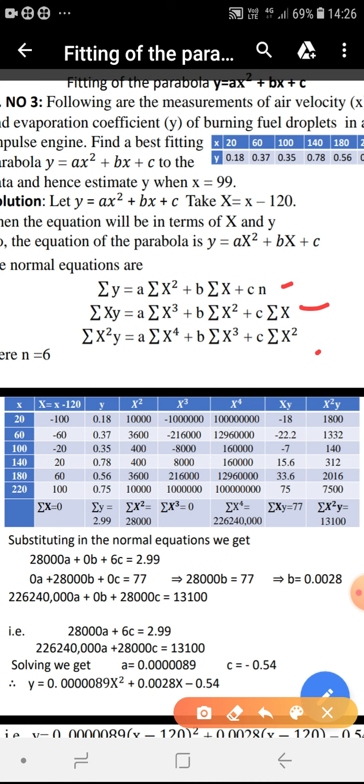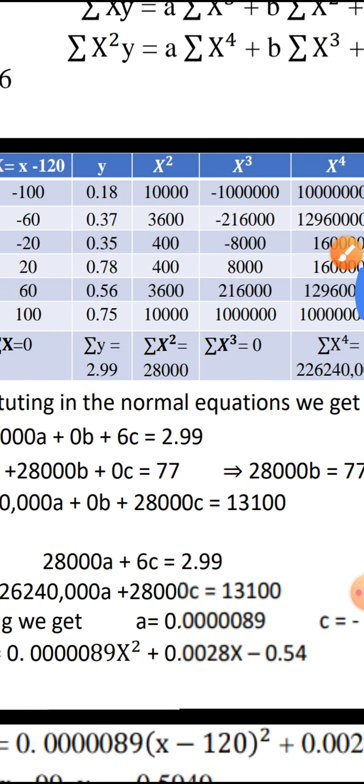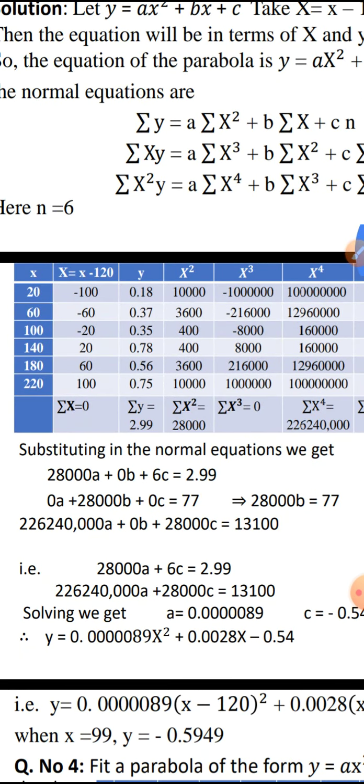Substituting the values of the sums, we get the normal equations. First equation: 28,000 into A plus 0B plus 6C is equal to 2.99.